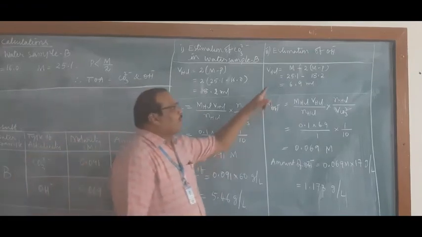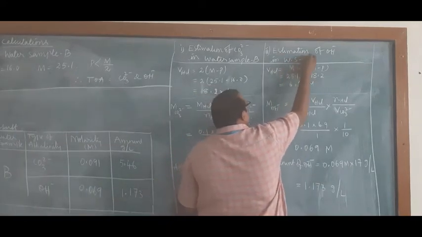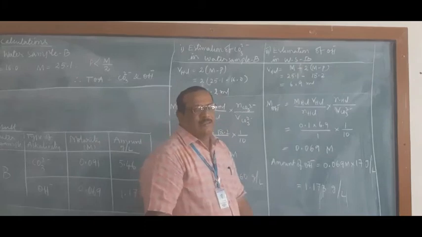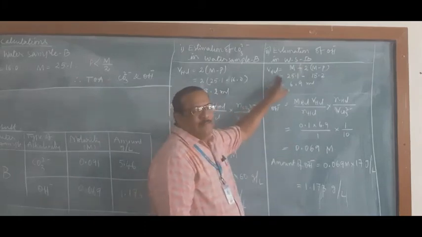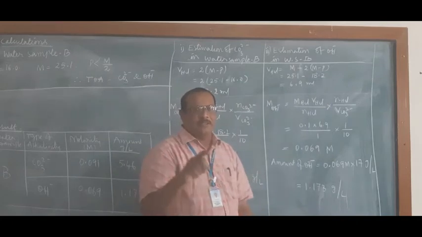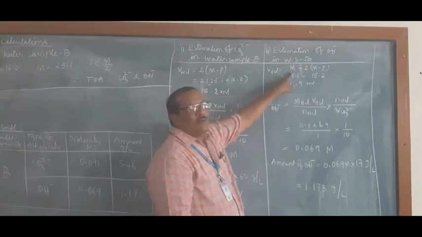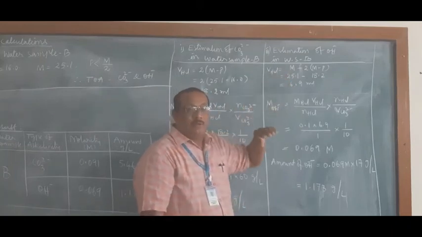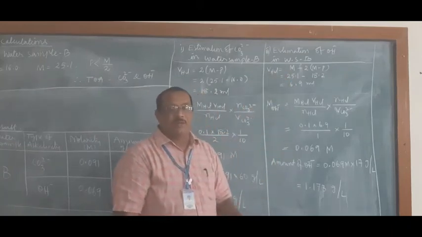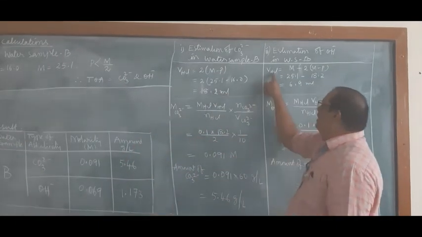Next, estimation of hydroxide in water sample B. For this, the volume of HCl principle is M minus 2 into (M minus P), as per the table which is given to you. So here M is the total volume of HCl consumed for the neutralization of total carbonate and hydroxide.